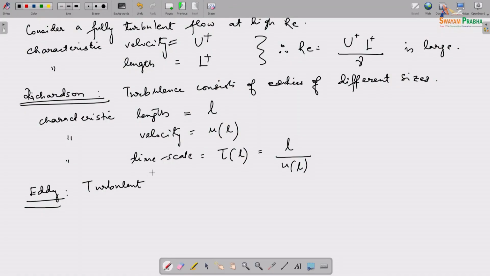Turbulent motion localized within a region L. Now, eddies of the largest size, let us just say.